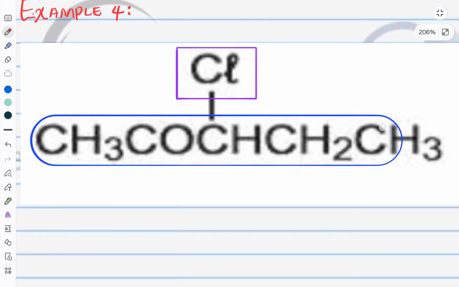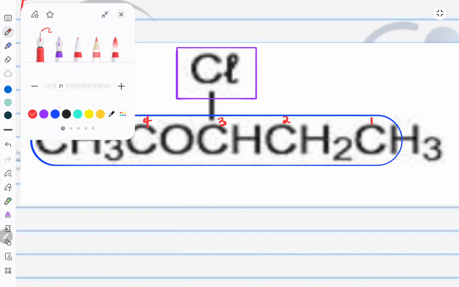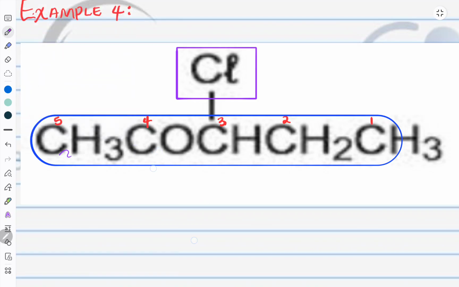All right, so if I try to number this chain from right to left, I'll have 1, 2, 3, 4. Right, so the carbonyl group is on carbon number 4, and then 5. Okay, now what happens if I try numbering this same chain but now from left to right? I'll have 1, 2, 3, 4, and then 5.